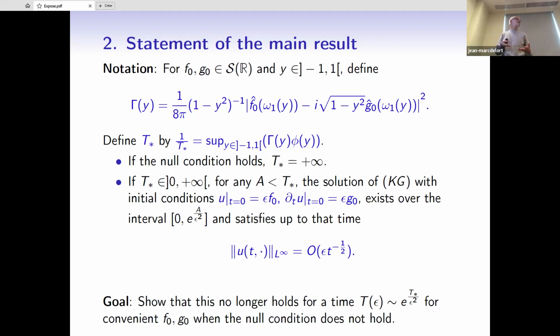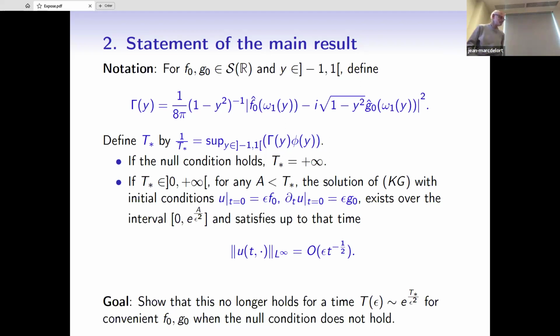You plug the ansatz in the equation, you get some ODEs, and you see that this ODE has global or blowing up solutions, depending on whether this quantity phi, which is P1 plus P3, is identically 0 or not. I shall show that later on in the talk. But this is not something that you guess like that.